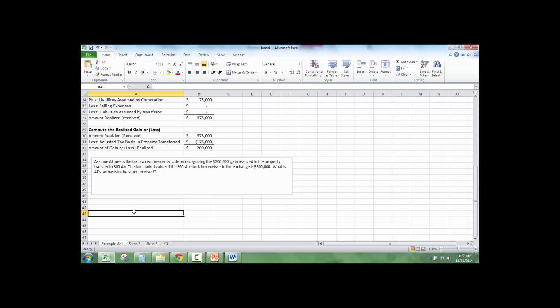Let's go back to our problem. Assume Al meets the tax law requirements for deferring the recognition of the $200,000 gain, which means it's a 351 transaction. The fair market value that he receives is $300,000. So we are going to compute the tax basis in the Section 351 transaction. So we take cash contributed. We didn't contribute any cash.